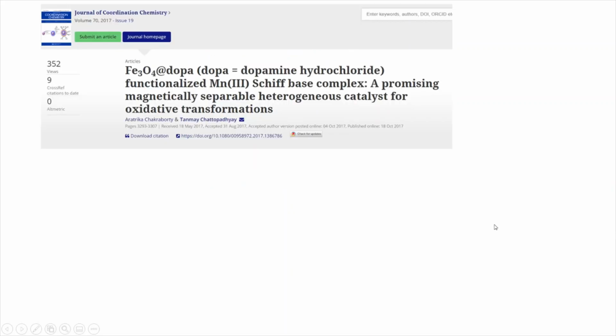There is another paper, it is really interesting. These people use ferric oxide with dopamine and a functionalized manganese Schiff base complex. That is a promising magnetically separable heterogeneous catalyst for oxidative transformation. This is a really interesting paper.